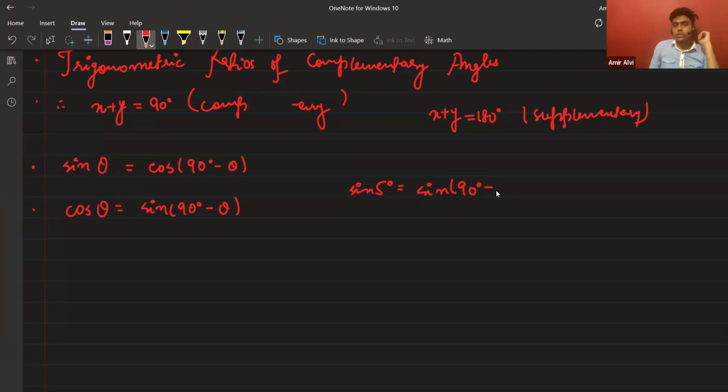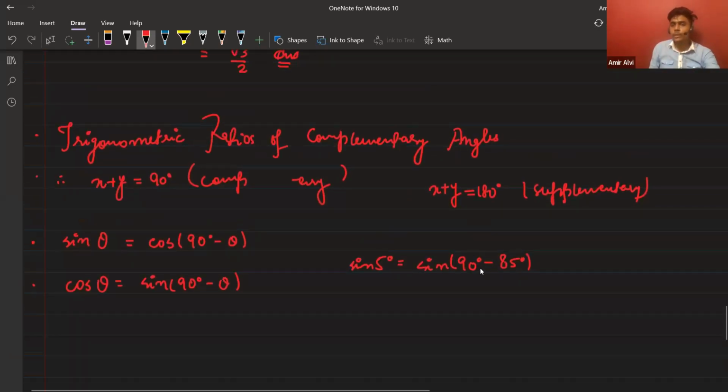In terms of sine, you can write sine 90 minus 85, because if you subtract 85 from 90 you get 5. So sine of 90 minus theta will be equal to cos 85 degrees. Yes or no, Adil? Yes, sir. Is this clear to you? Yes, sir, it's clear.